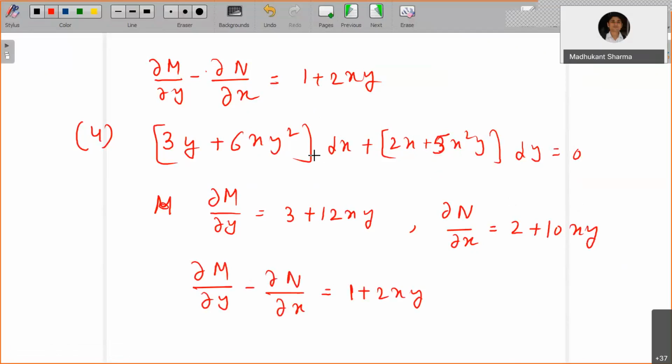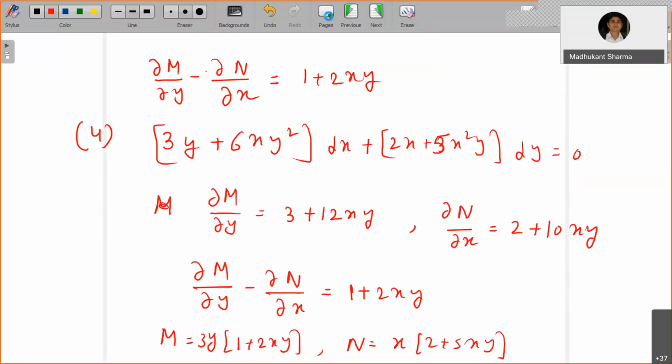So we do have an advanced integrating factor. Now M is y into 3 plus 2xy, and capital N is x into 2 plus 5xy. You can see this 1 plus 2xy is sitting as a factor of M as well. After removing that factor and dividing by M, what remains is a function of y only, because only 1 by 3y will be there.